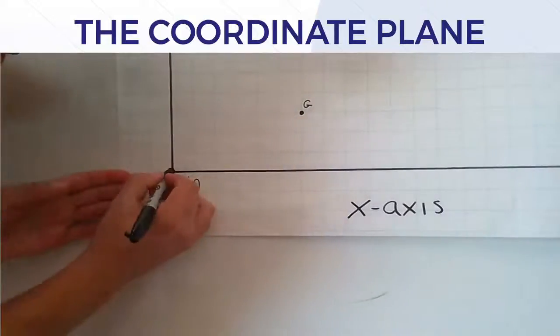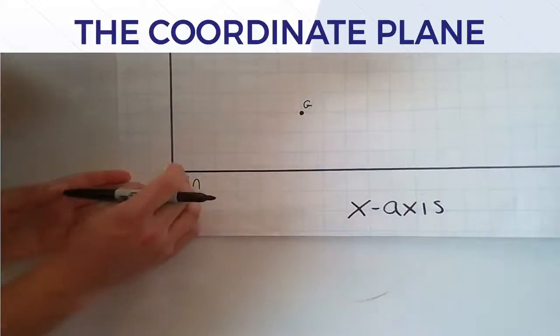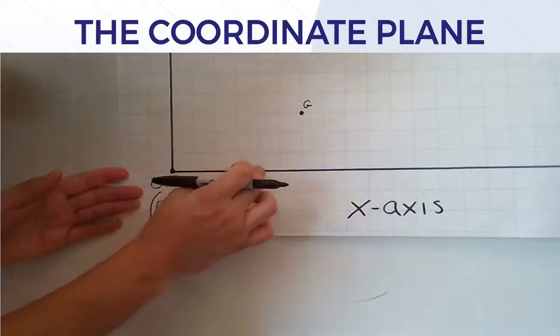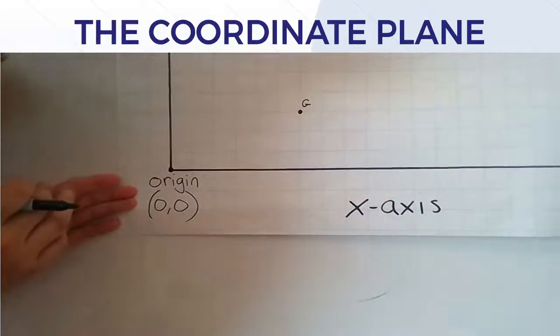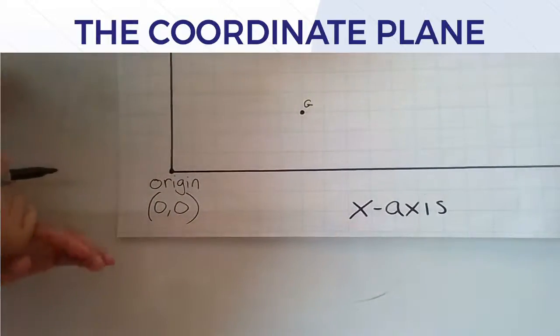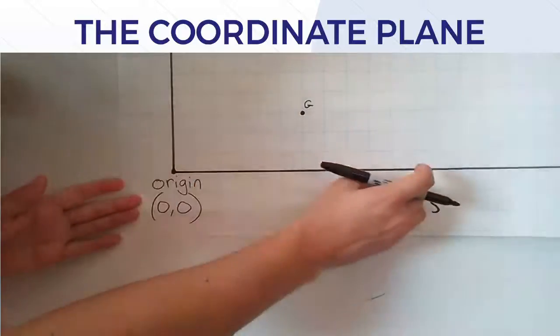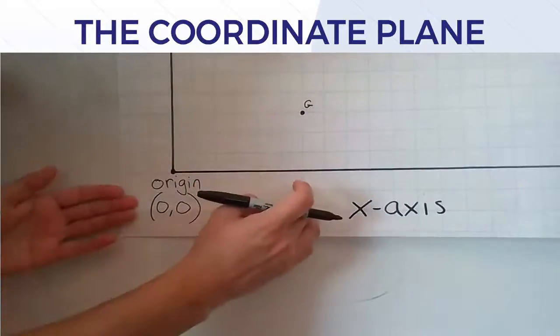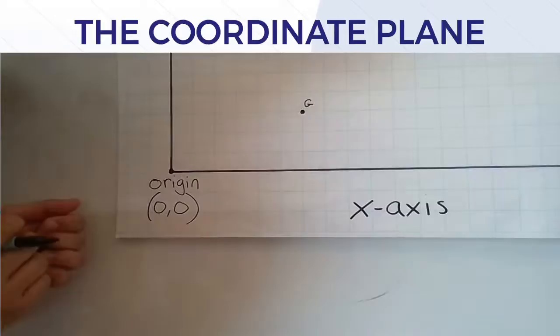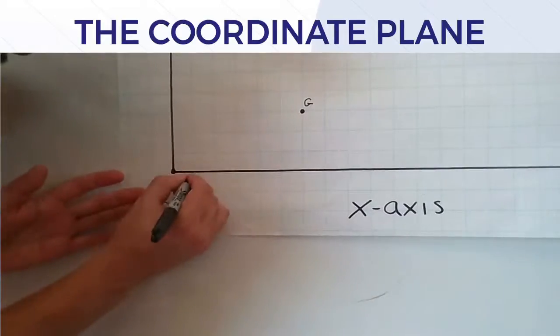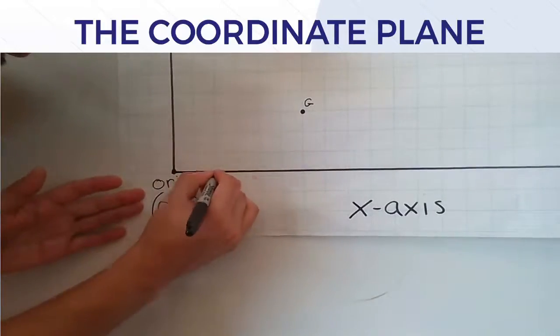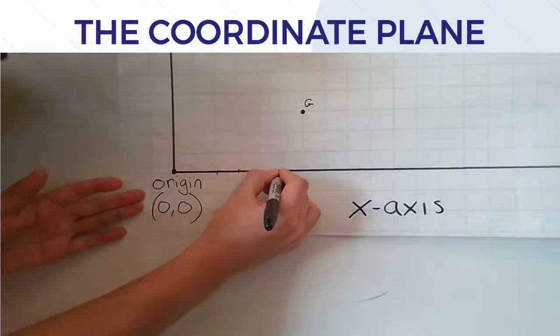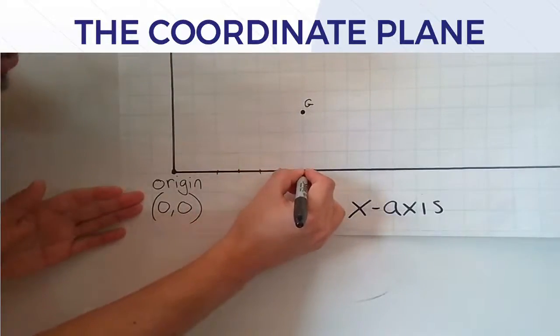So, starting from the origin, we're going to walk. Let's imagine that each one of these squares is a city block. So how many blocks do we have to go to the right? How many blocks do we have to go up to get to the grocery store? Let's count. Ready? 1, 2, 3, 4, 5, 6.